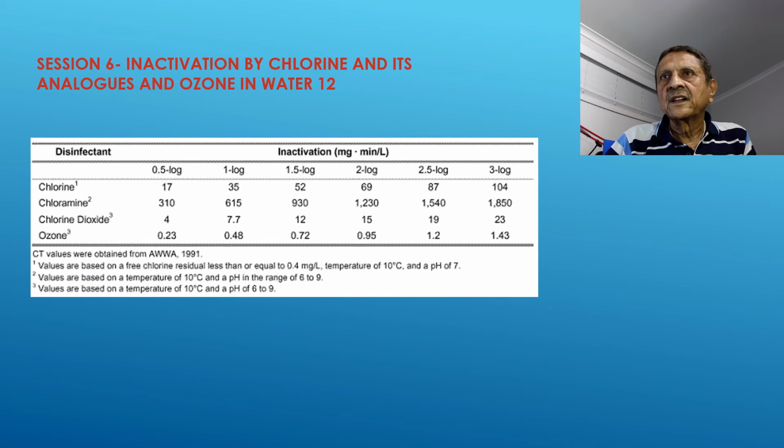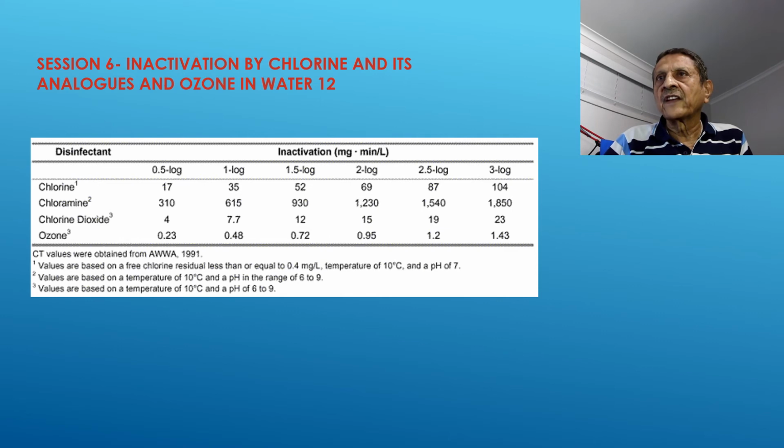So likewise, you find that for 1 log inactivation, 35 chlorine, 615 chloramines, 7.7 chlorine dioxide, and 0.48 ozone. For 1.5 log kill, it will be 52, 930, 12, and 0.72. And for 2 log, 69, 1220, 15, and 0.95.